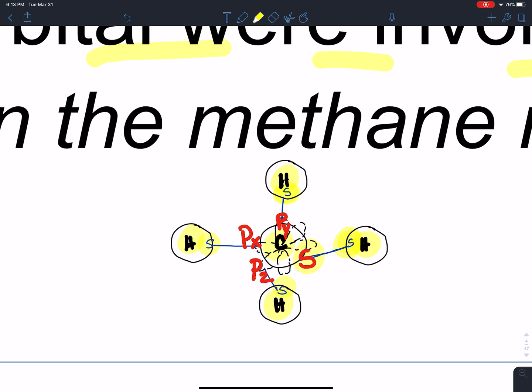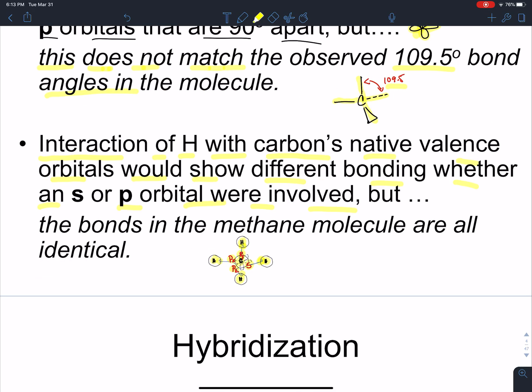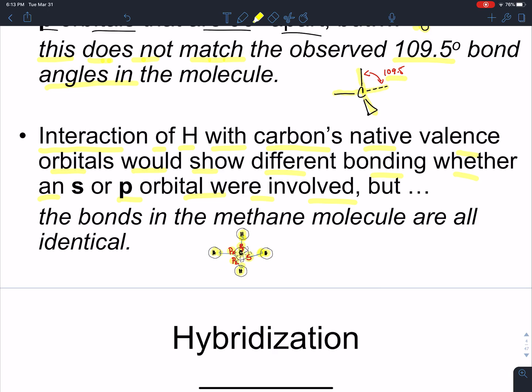And then another hydrogen will be overlapping with the p of y specifically, and then another will be overlapping with the p of x, and then the p of z. All those bonds would be different, which we know isn't the case. So the second part says, but the bonds in methane are all identical.